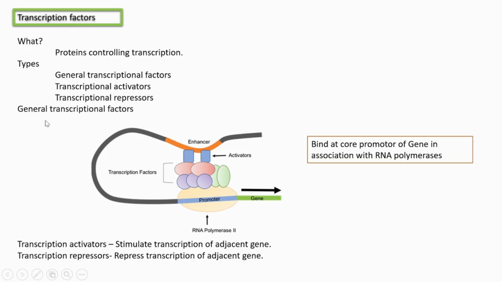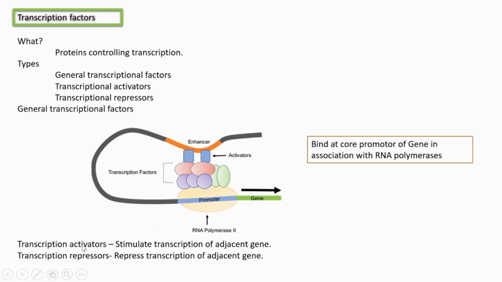That is the role of general transcription factors: to initiate transcription by interacting with RNA polymerases, the enzymes that do transcription. For that enzyme to bind and initiate transcription, it needs assistance from the transcription factors.